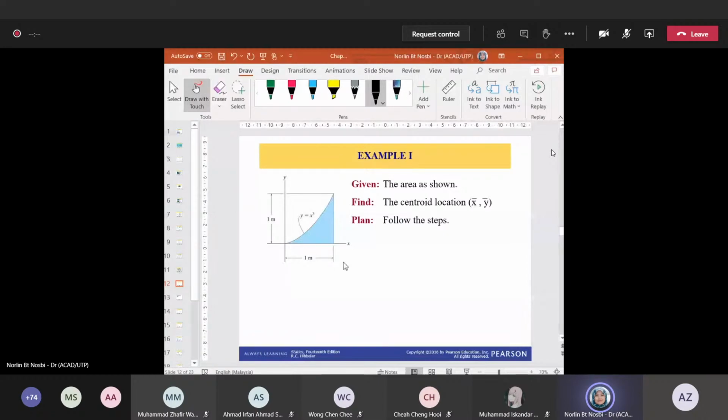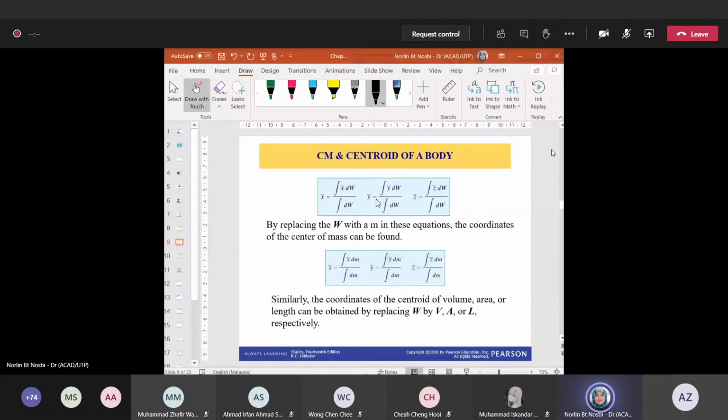If you want to find the centroid, you have to follow the steps. Do you all remember the formula for centroid location x bar and y bar? Let me show you the equation. Okay, this one, x bar and y bar. The shape is only in x and y axes, so you have to ignore z.